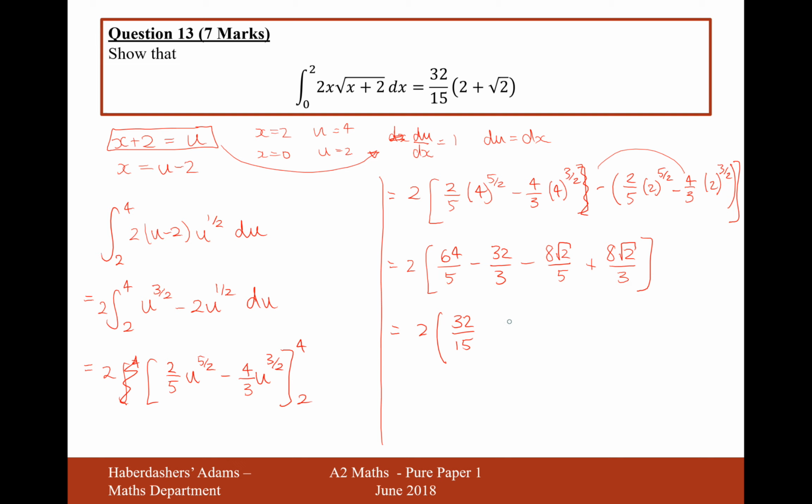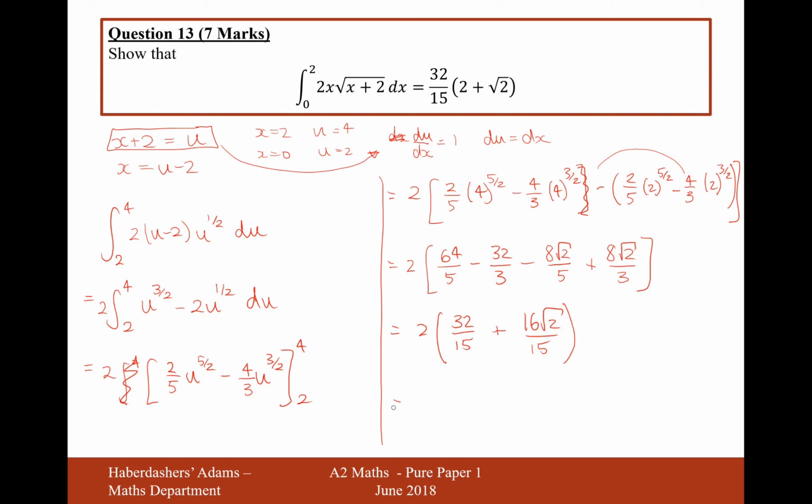And then for the last part, it's going to be minus 8 root 2 over 5 plus 8 root 2 over 3. That's going to give us 16 root 2 over 15.